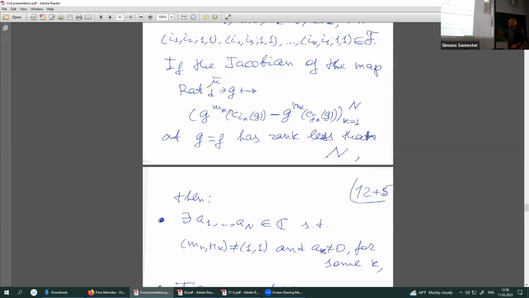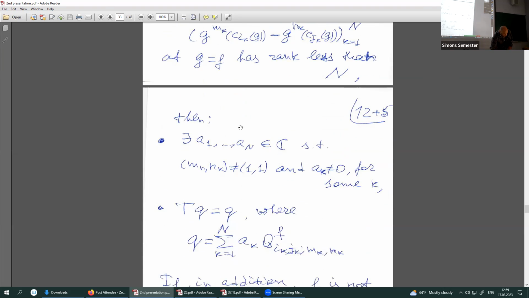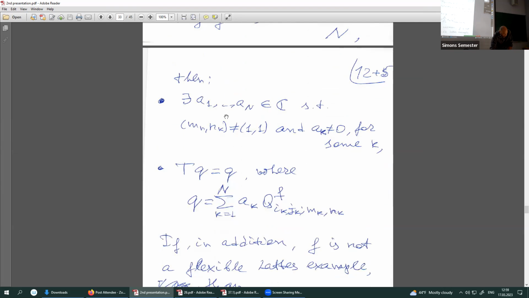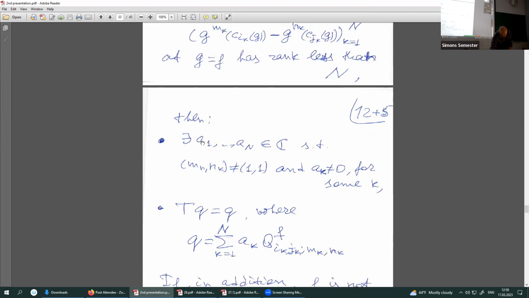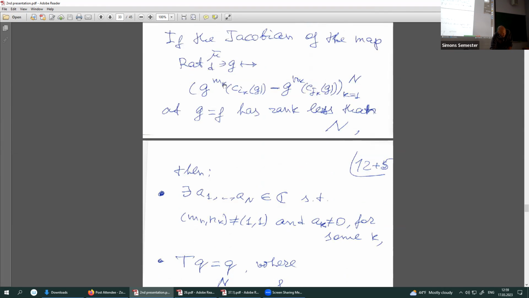But the theorem says that if the Jacobian of this map has rank less than n, that is, there is no transversality, then, what does it mean, less than n?